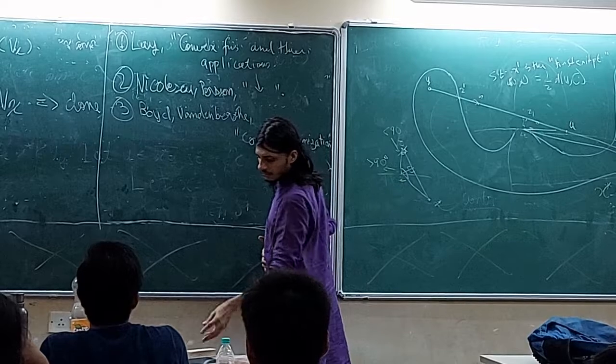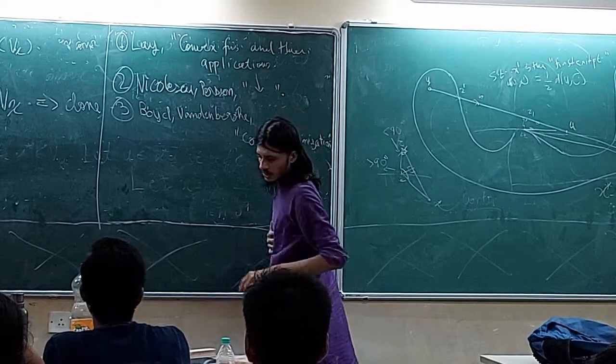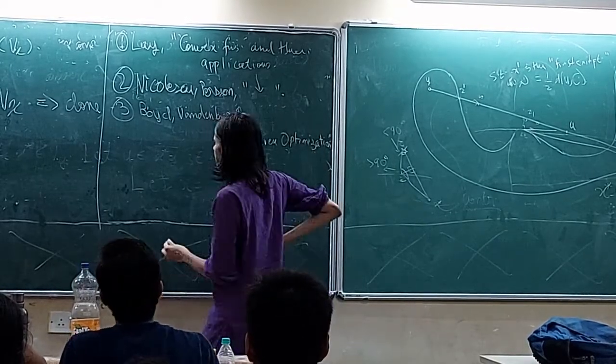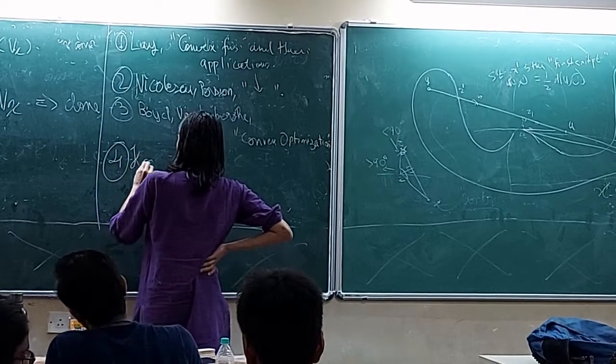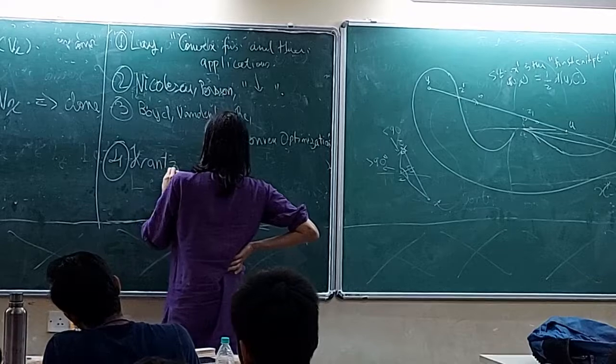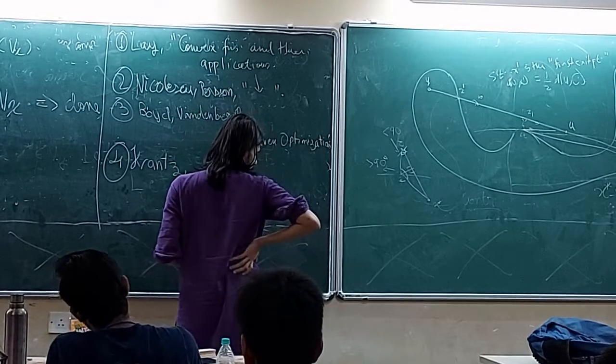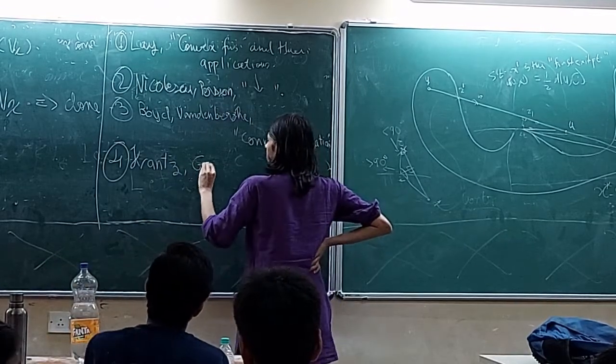These three are pretty much where I picked up the material from. There is a fourth book, I think, by Krantz or something: Geometry of Convex Domains.